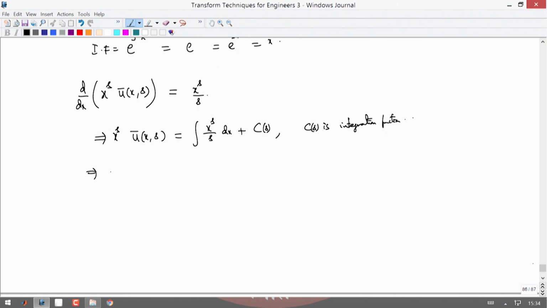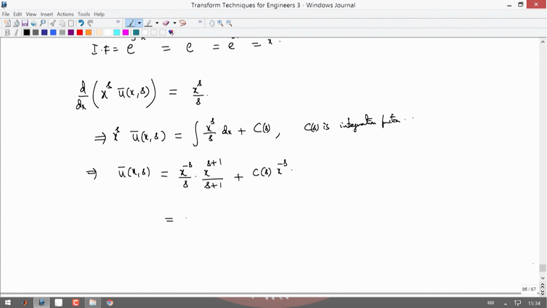So, this implies ū of x is equal to x^(-s) by s times the integral of x^s dx, which is like x^n, so you have x^(s+1) divided by s+1, and then plus c of s times x^(-s).